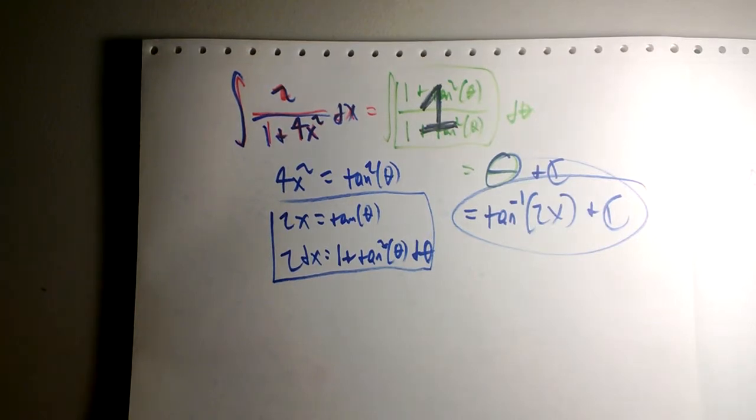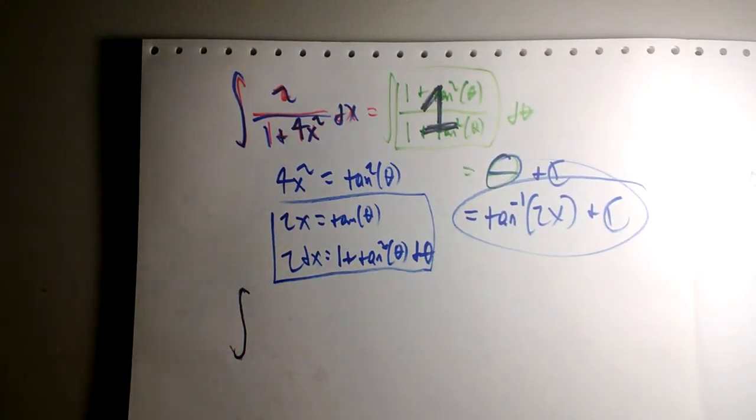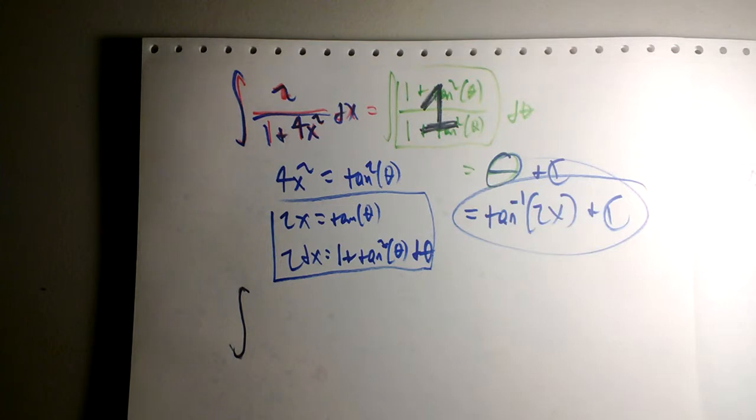Let's try another, and then we'll conclude. So integral problems, again, not usually easy, especially because you have to work with derivatives and basic integral rules at the same time.